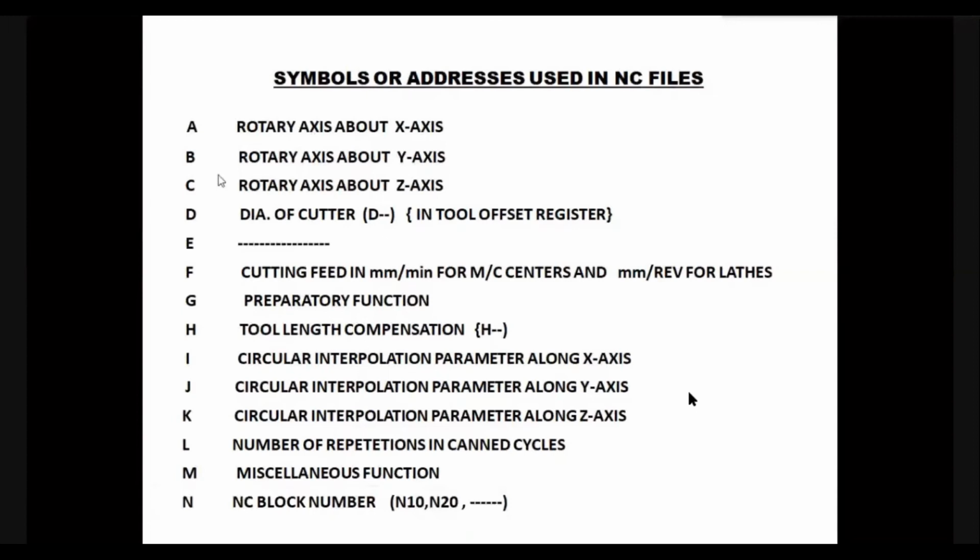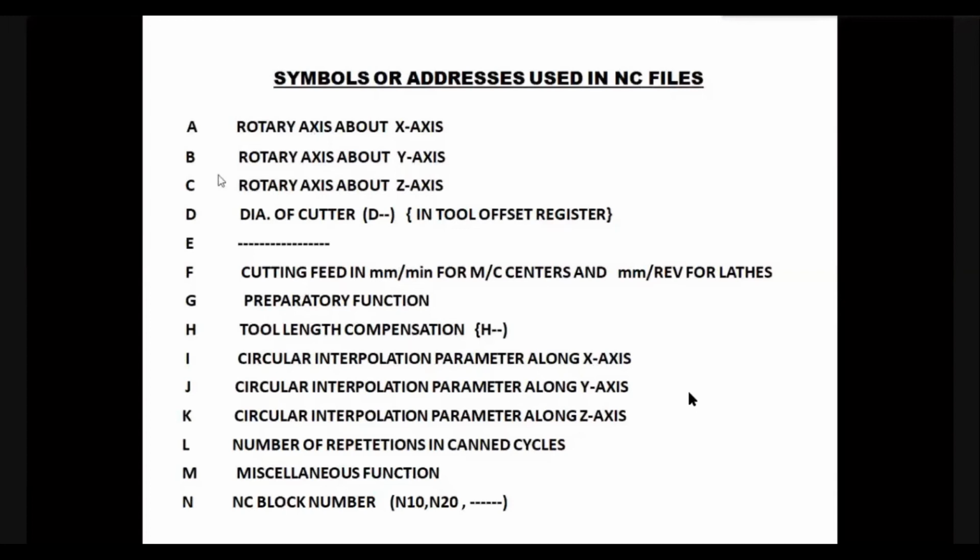Next letter is H. H stands for tool length compensation. As we have seen, the length of the tool compensation is in the tool offset register. For tool 33, I have given some dimension in 33. Okay. Whenever we use a tool, we give a tool length compensation code with reference to H33.